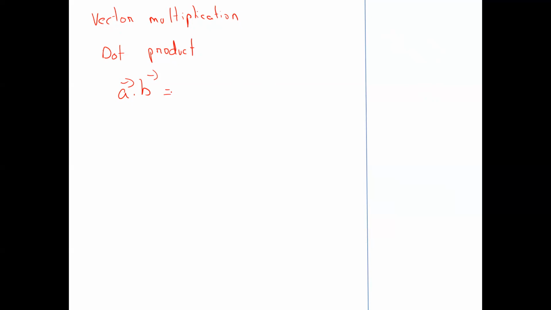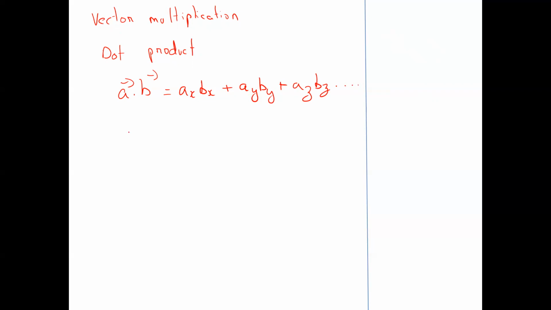So this dot product is the ax component multiplied by the bx component, plus the ay component multiplied by the by component, plus the az component multiplied by the bz component, and it can be generalized to however many dimensions you want.